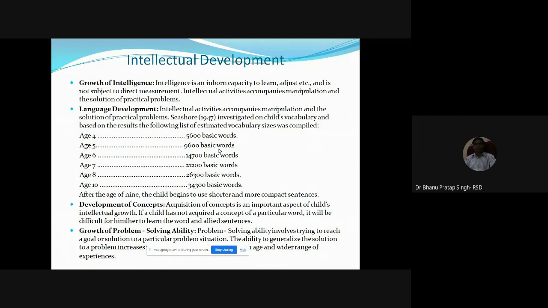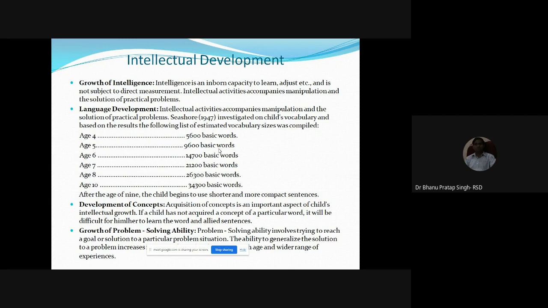And after the age of 9, the child begins to use shorter and more compact sentences.